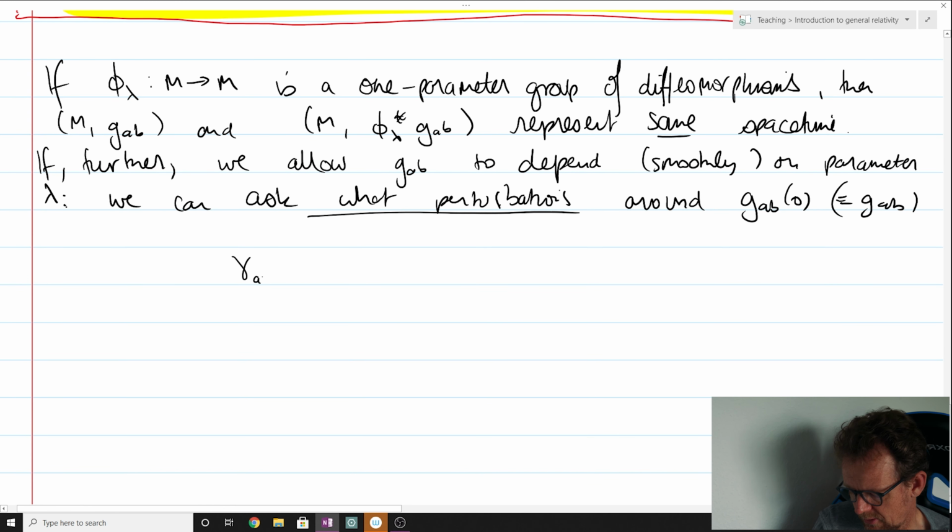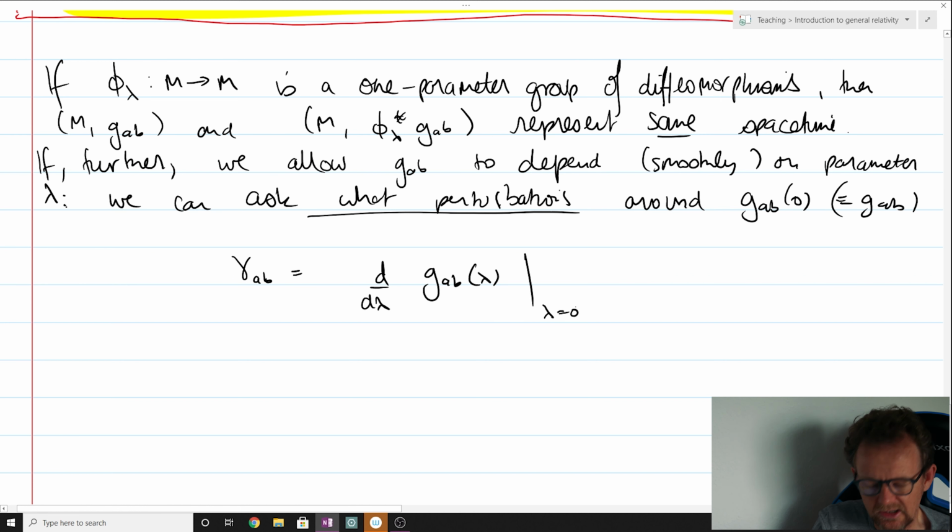So we're going to name these perturbations gamma_ab. A general perturbation of a metric, we'll call gamma_ab, and you just get them by differentiating g with respect to lambda and then setting lambda equals 0.